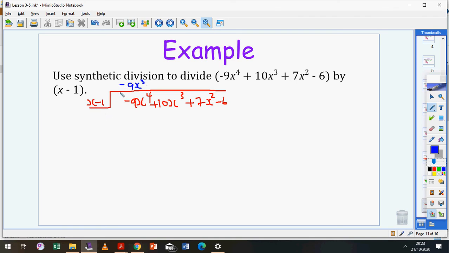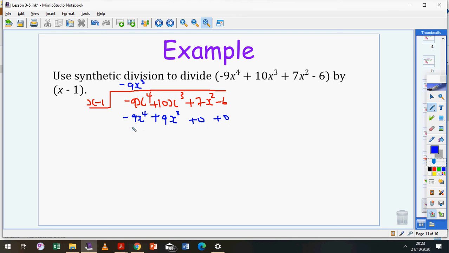Negative 9x to the power 3 times x is negative 9x to the power 4. Negative 9x to the power 3 times negative 1 is positive 9x to the power 3. Remember, this is 0, 0, because I didn't have any other terms to multiply this by.